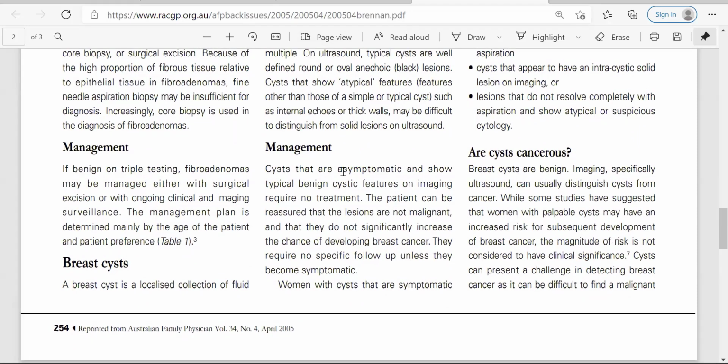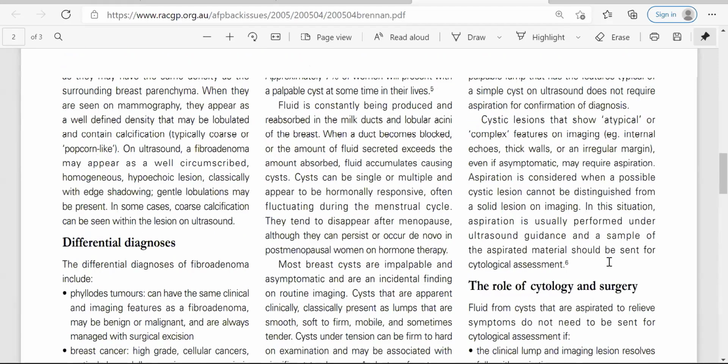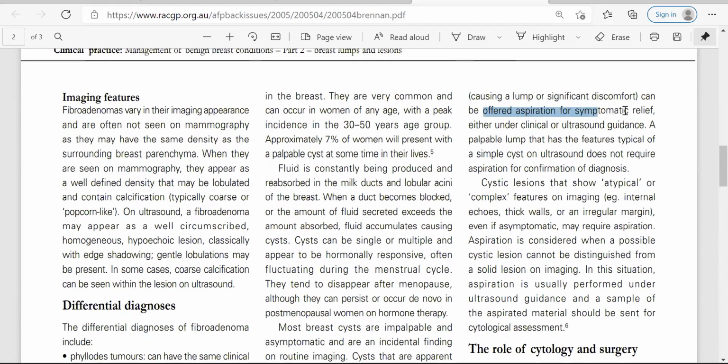See this one, management. Cysts that are asymptomatic and show typical benign cystic feature on imaging require no treatment. Patient can be reassured that lesions are not malignant, and they usually don't increase the chance of developing one. They require no specific follow-up. Women with cysts that are symptomatic can be offered aspiration for symptomatic relief. A palpable lump that has the features typical of a simple cyst on ultrasound doesn't require aspiration for confirmation of diagnosis.